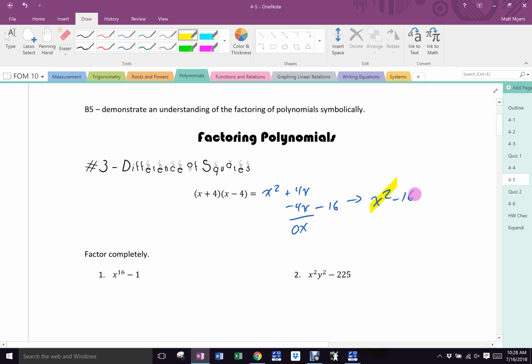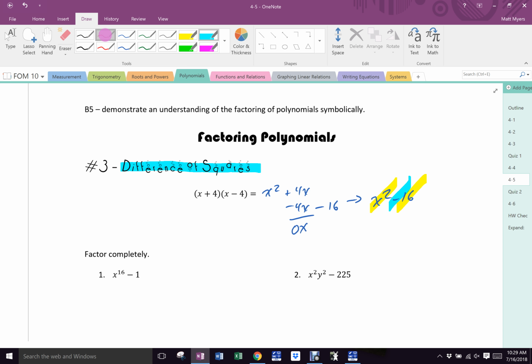What do we notice about x squared and 16? They have square roots. What math is that? What's the answer when you subtract things? The difference. So this is a difference of squares.